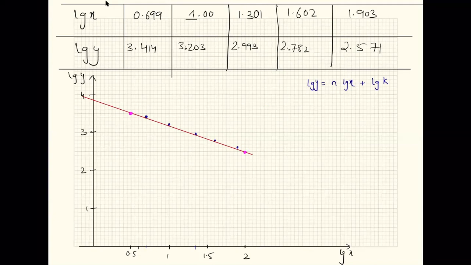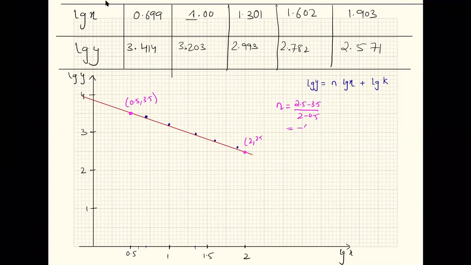So n represents the gradient, which is going to be 0.5, 3.5 and 2, 2.5. So 2.5 minus 3.5 divided by 2 minus 0.5. You should get close to these values. Your values might not come out exactly the same as mine.